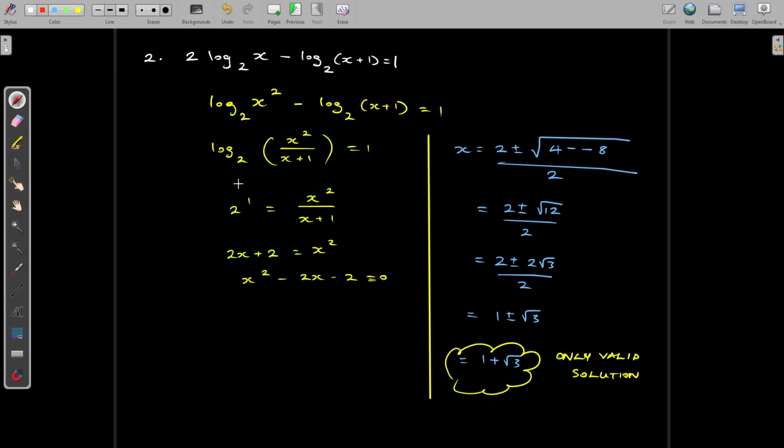Same concept. We have a log here and we want to change it to its exponential form. So 2 to that power is equal to all of this. Oh, okay. And then we just cross multiply, get our quadratic, test the solution to see if it works, and that's it.